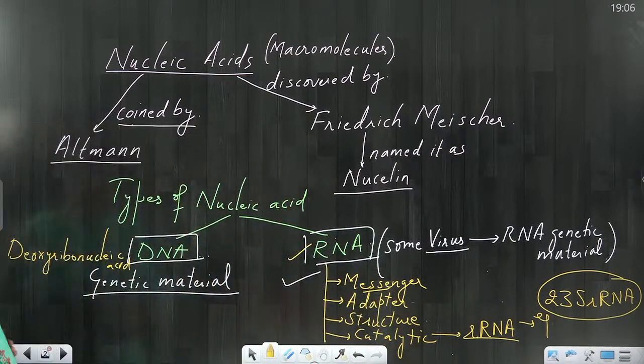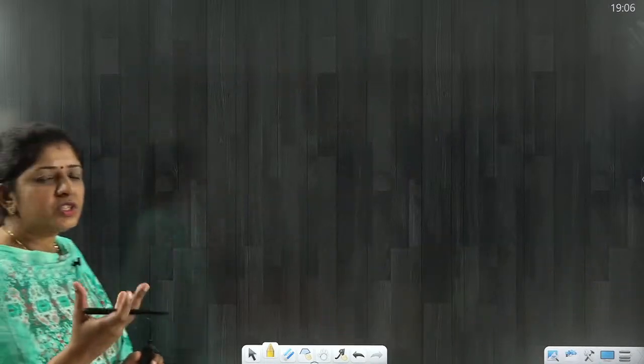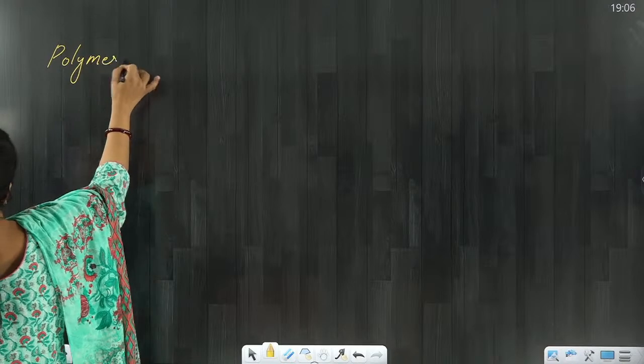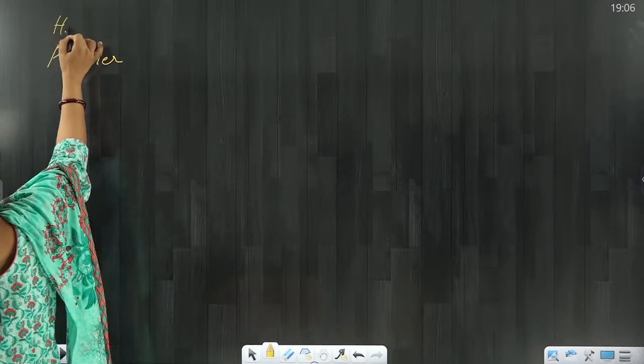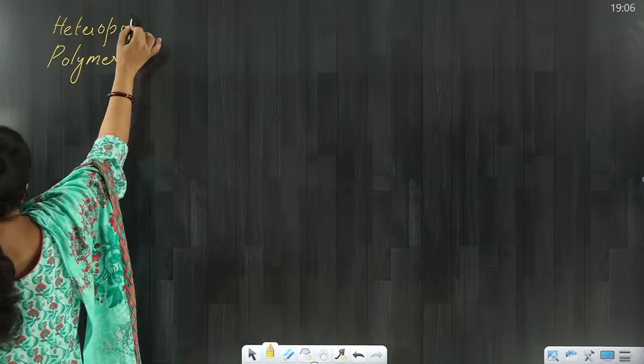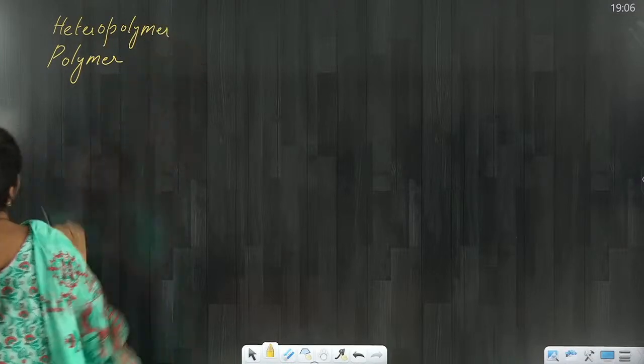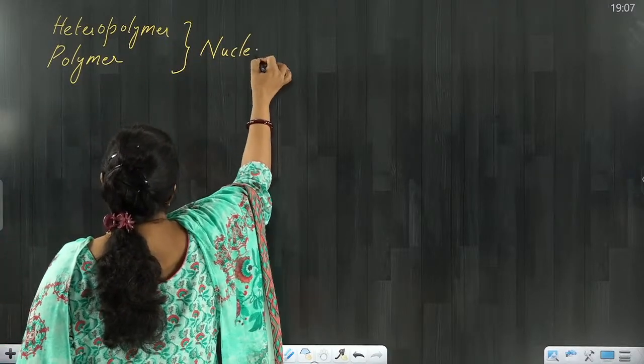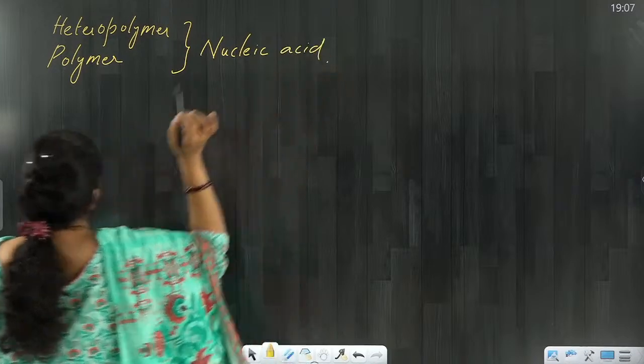After this, let's see what the constituents of nucleic acid are. Can I say this is a polymer? Which type of polymer? It is a heteropolymer. Heteropolymer means its subunits are of different types. That's why you call it a heteropolymer, and a polymer is a macromolecule.